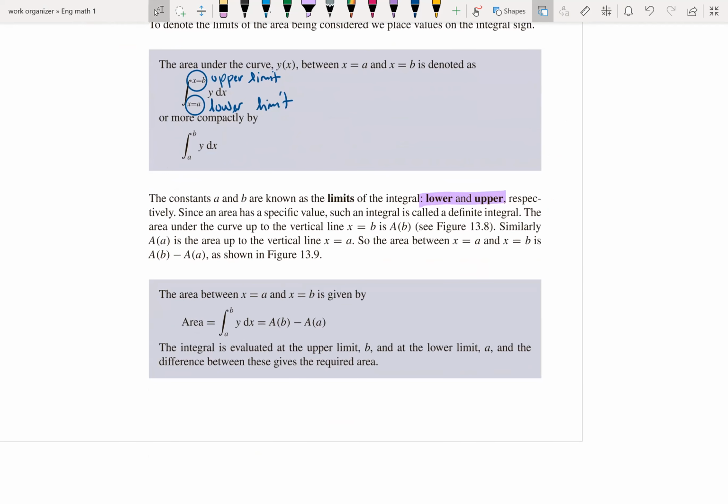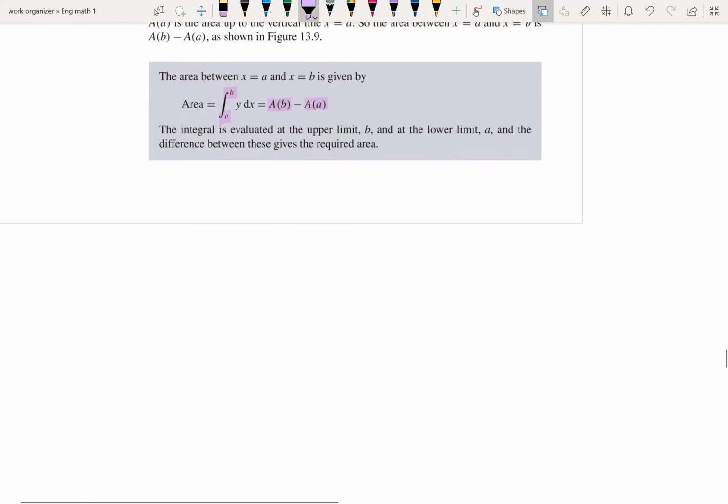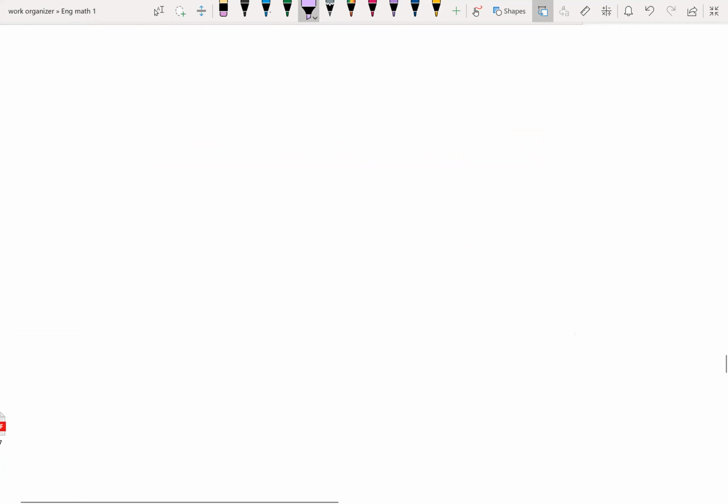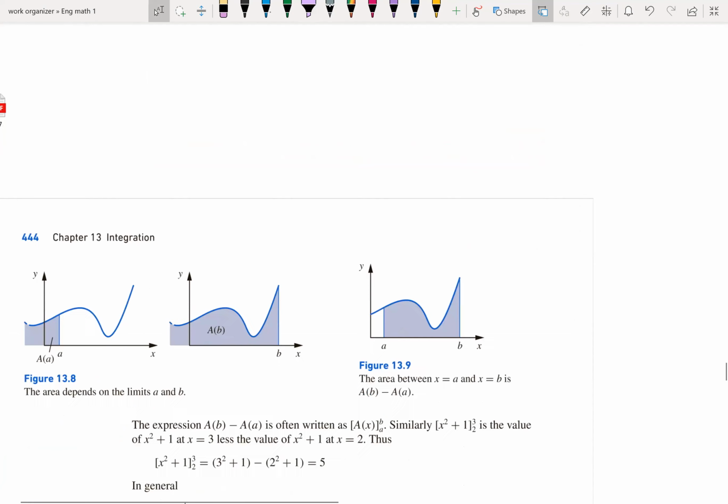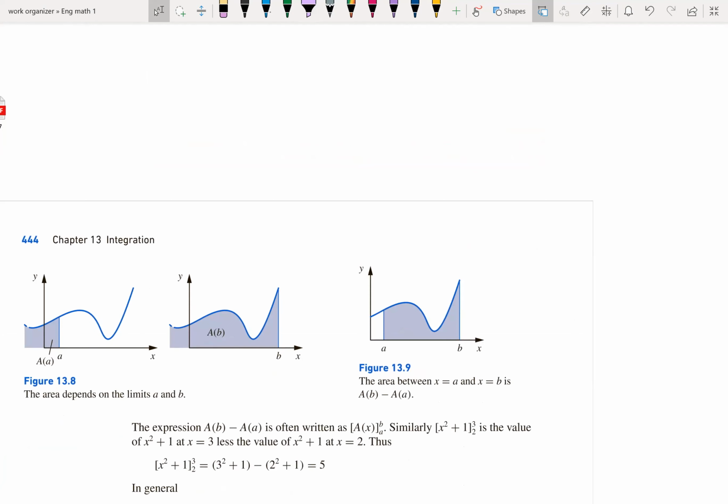In this case the upper limit is b, so it will be area b, minus the lower limit, area a. Basically that is what we do if we want to find the area for some interval.